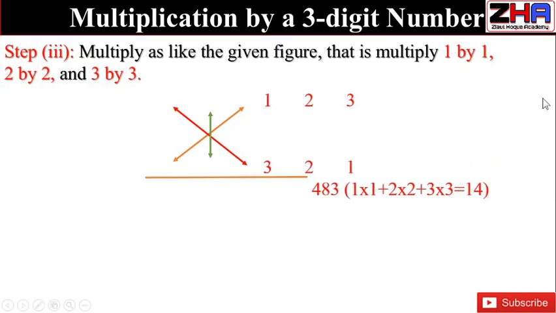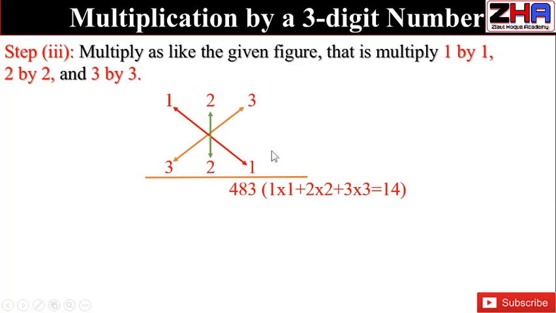Step 3. Multiply as in the given figure, that is multiply 1 by 1, 2 by 2 and 3 by 3 and add these results. So 1 into 1 plus 2 into 2 plus 3 into 3 gives 14.